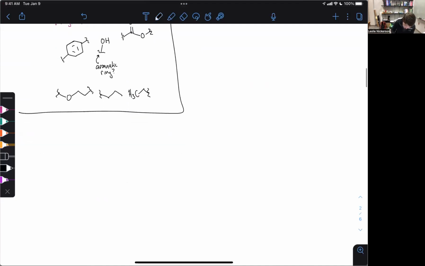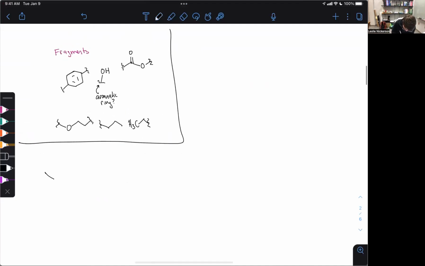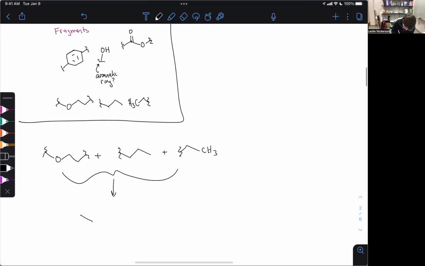So what we might be able to see here is we might be able to just add these all together to get to that structure.